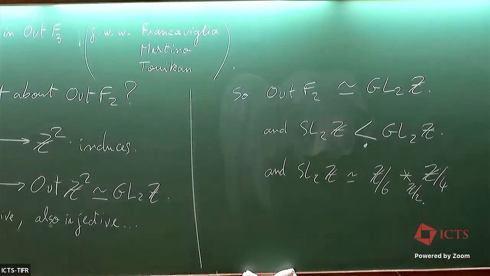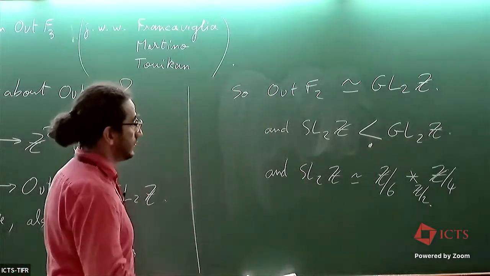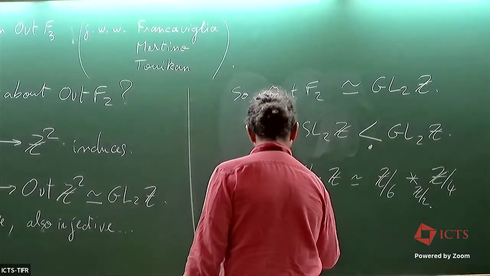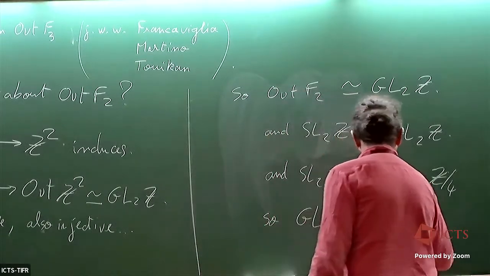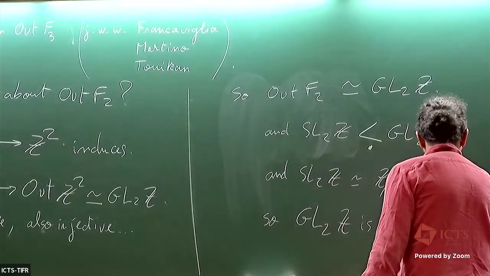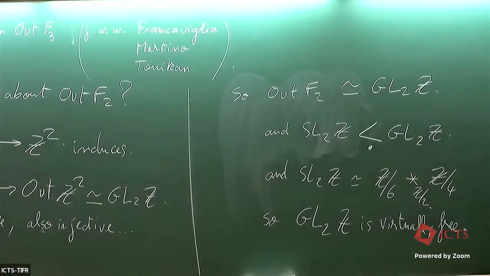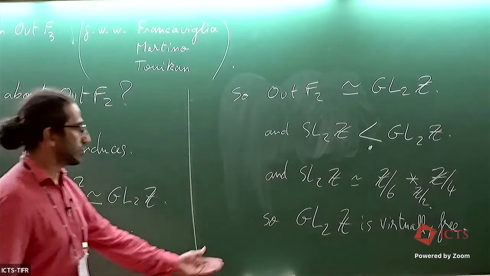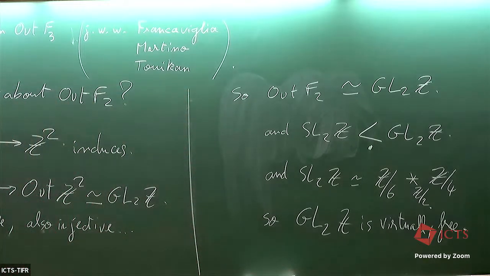So in particular, it's virtually free. So the group GL2(Z) is itself virtually free. And so in principle, it's not difficult at all to solve the conjugacy problem in GL2(Z) because it's a hyperbolic group, it's virtually free.